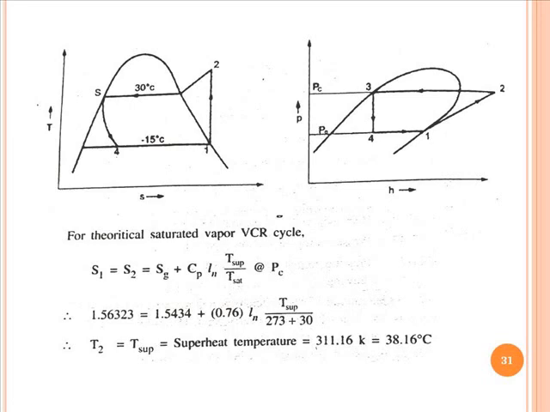So we will get the superheat temperature, that is 38.16 degrees Celsius, but a very important thing here is we have to convert both the temperatures into Kelvin, and then we have to put in the data. So in the data the value of S1, that is equal to S2, is available, that is 1.56323, that is given in the data for the condenser pressure. So the superheat temperature at state 2 is available, that value is 38.16 degrees Celsius.